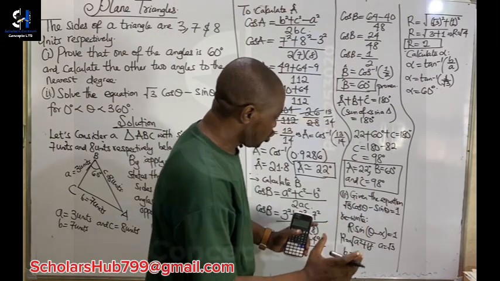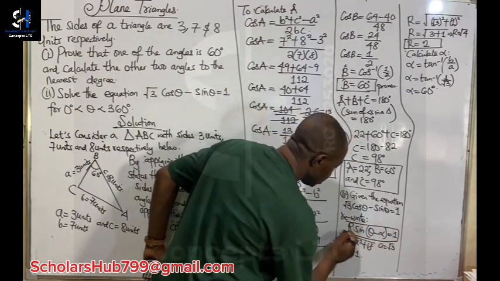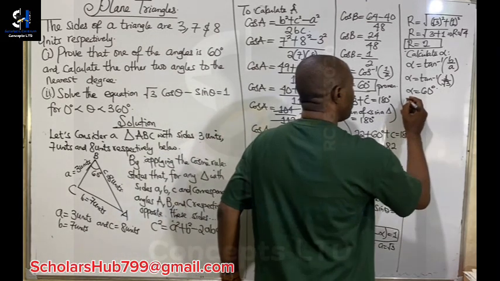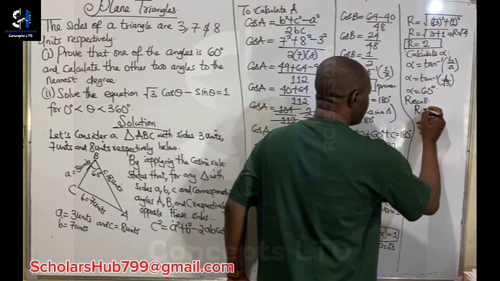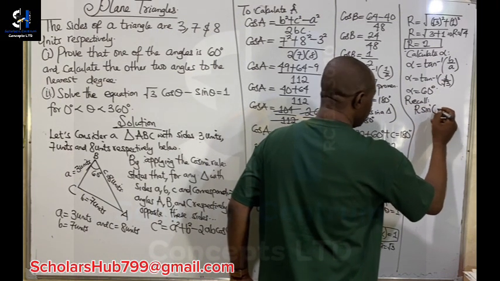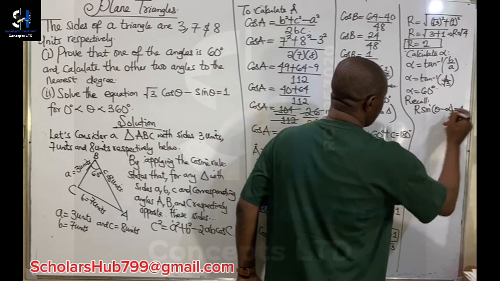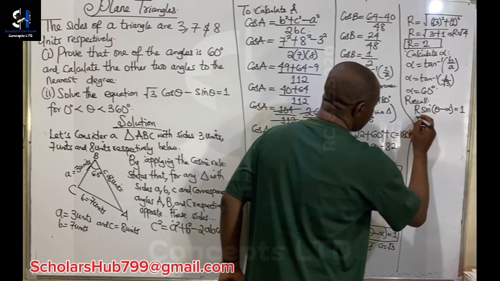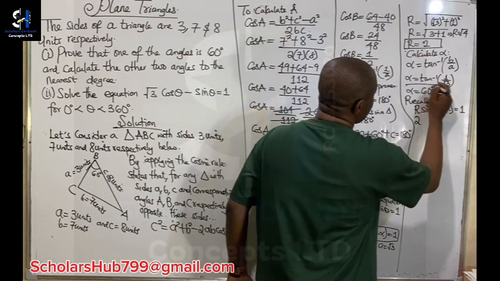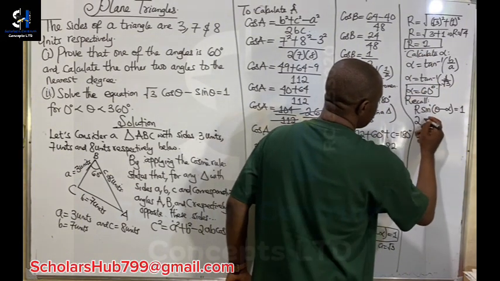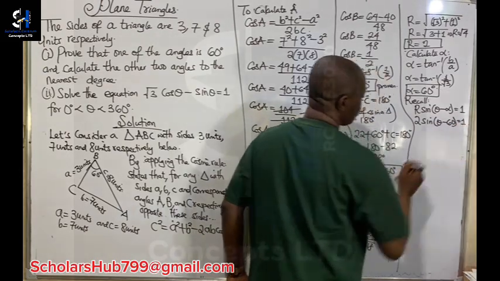Yes. So we're now going to plug the values into this equation. You recall that we have r sine theta minus alpha equals 1. Now we know that r is what? The value of r is 2, and the value of alpha is 60. So 2 sine theta minus 60 equals 1.